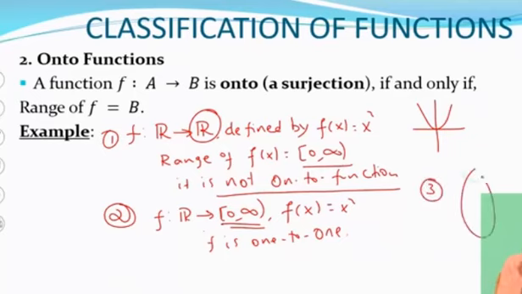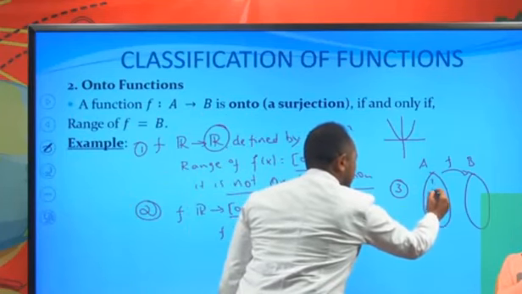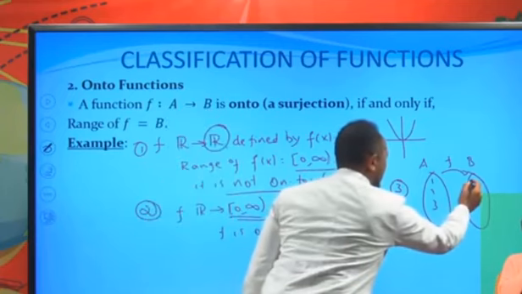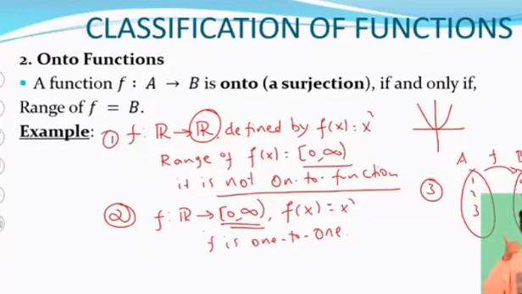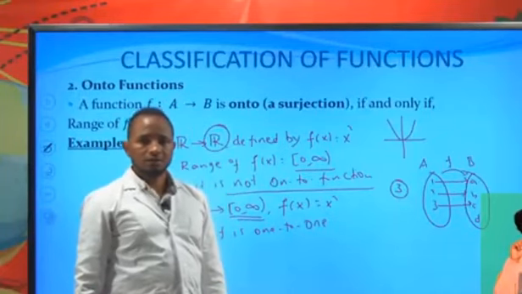Let me give you a third example here. Look at this one. This is A. It's a function from A to B. Here we have 1, 2, 3, and here we have A, B, C, D. 1 is mapped with A, 2 with B, 3 with C. Is this one an onto function?